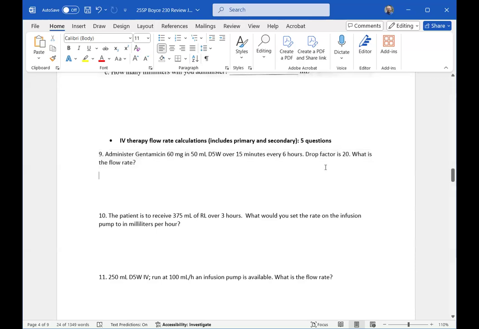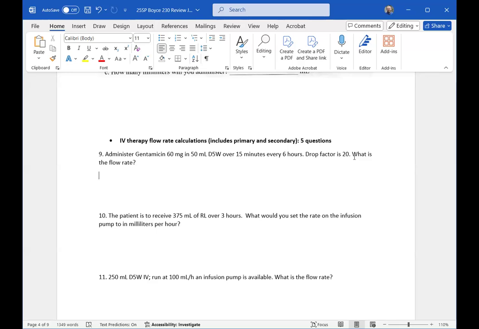Now, one of the things that you have to pay attention to is what questions they are asking you here. I know at Boyce, they're going to say things like, what is the flow rate? And you need to know whether it's ml per hour, units per hour, drops per minute, whatever it is that they're looking for. I would say typically when it just indicates flow rate, they want to know ml per hour.